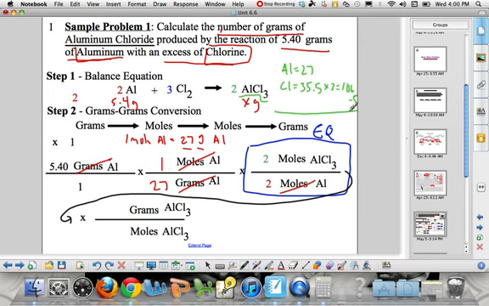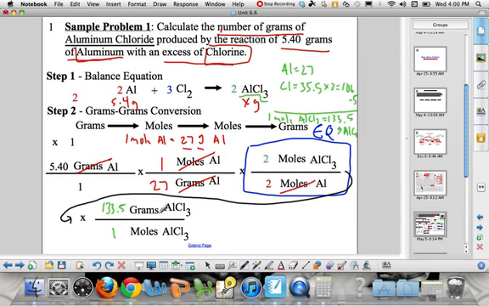When I add that to the 27, what I'm going to get is that 1 mole of aluminum chloride is equal to 133.5 grams. These numbers came from the periodic table, right? So 133.5 grams. I've got to put 133.5 next to the grams of my aluminum chloride.